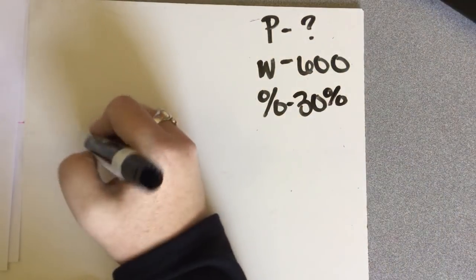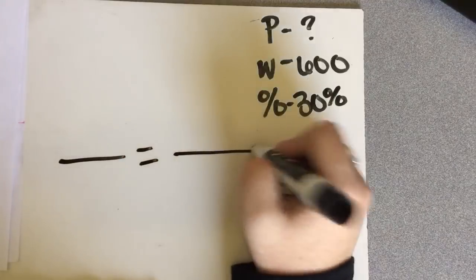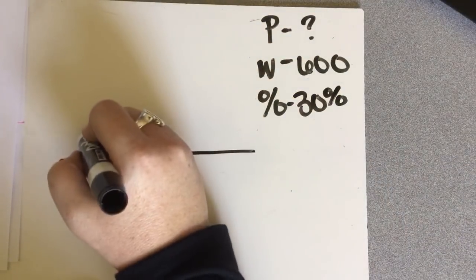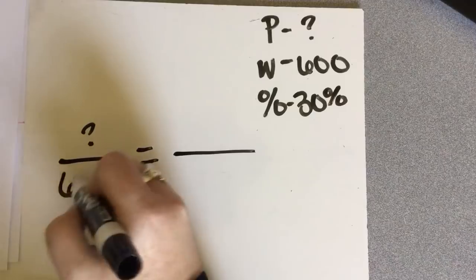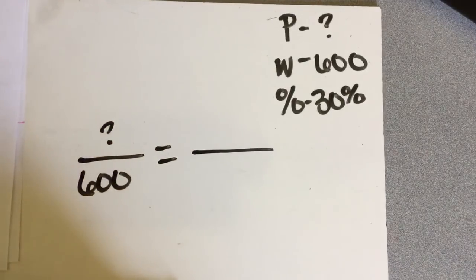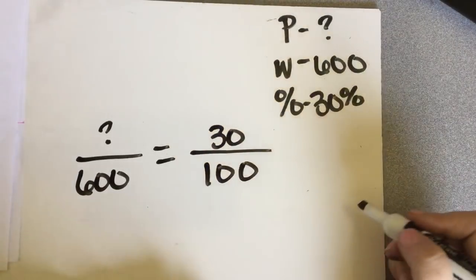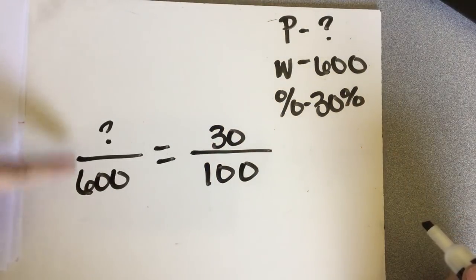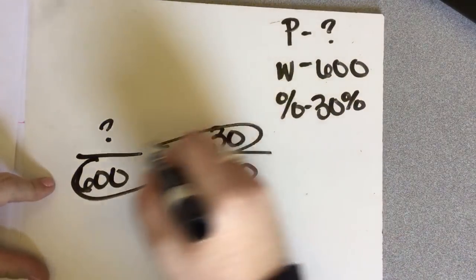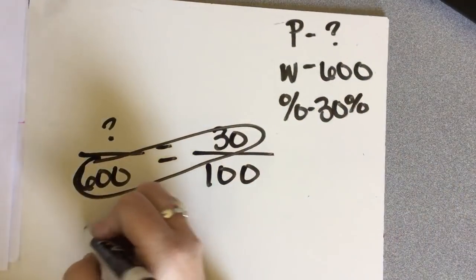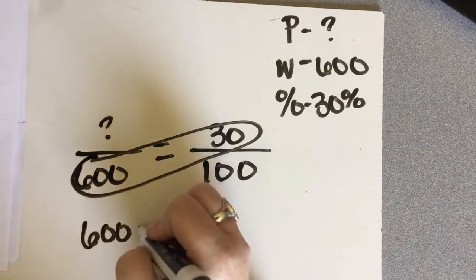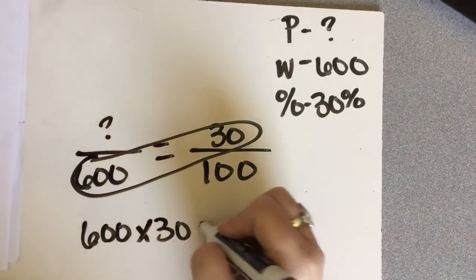Okay, and then we're going to set this up as a percent proportion. So we have our part, which we don't know, over the whole, which is 600, set up equal to 30% over 100. So we're going to multiply the number below the missing number times the number diagonally across from that. So that is 600 times 30.